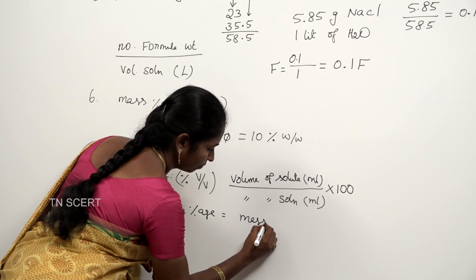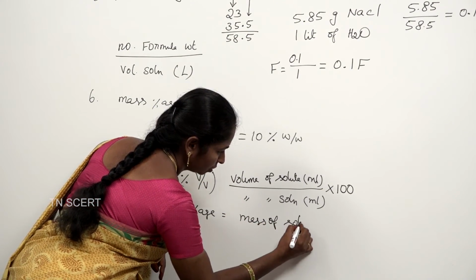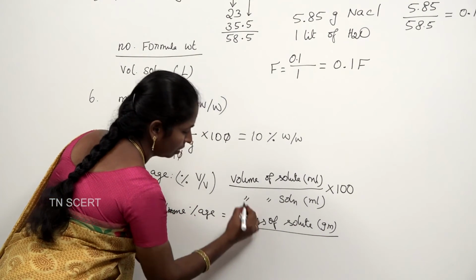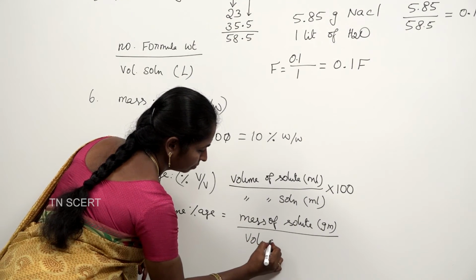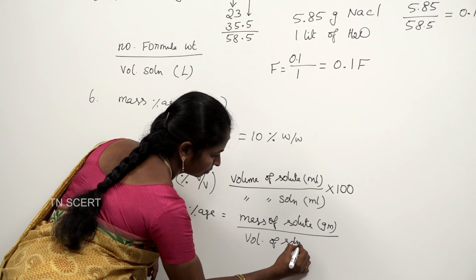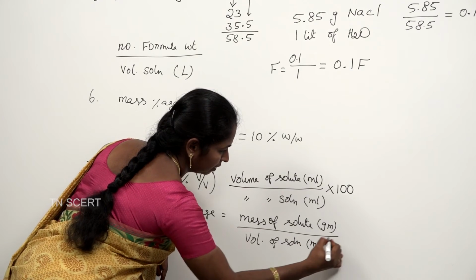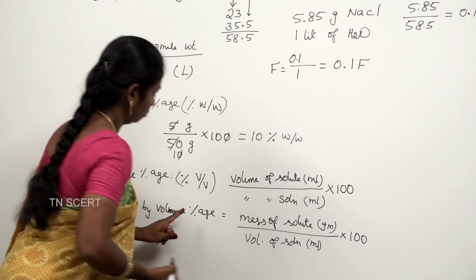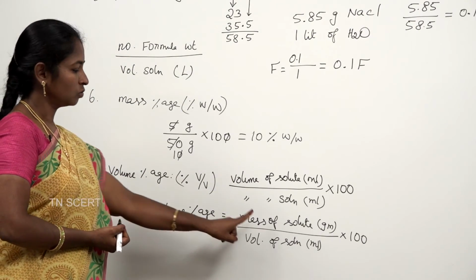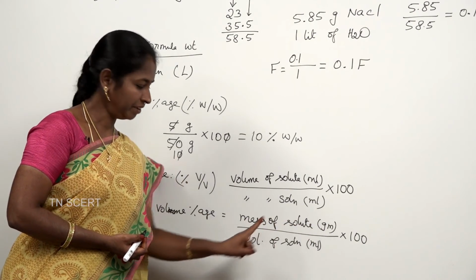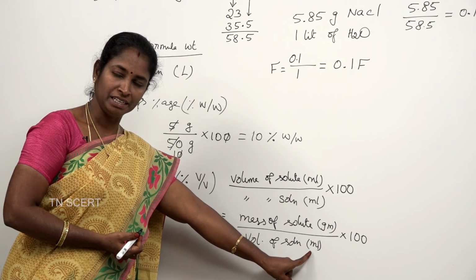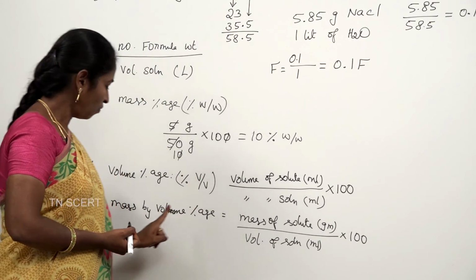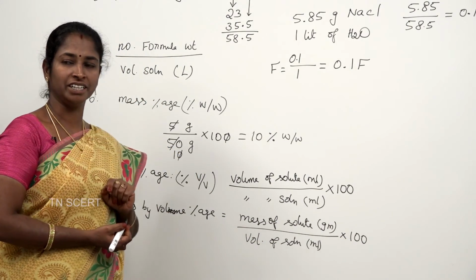So, mass of solute in gram divided by volume of solution in ml. It should be multiplied by 100 to get the percentage. So, mass of solute in gram divided by volume of solution in milliliter, that should be multiplied by 100 to get the mass by volume percentage.